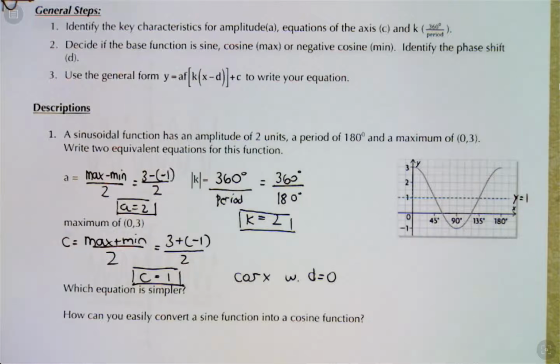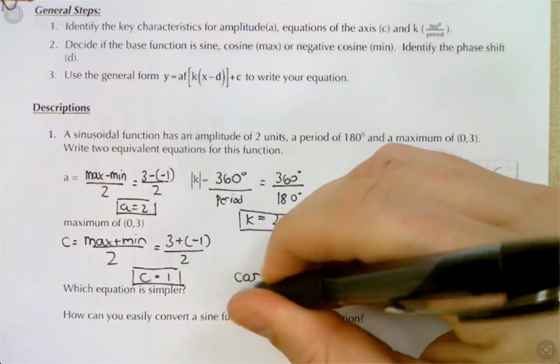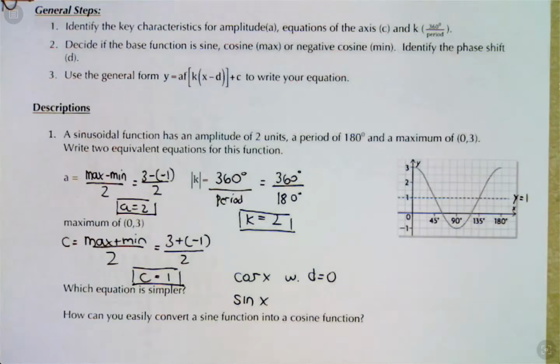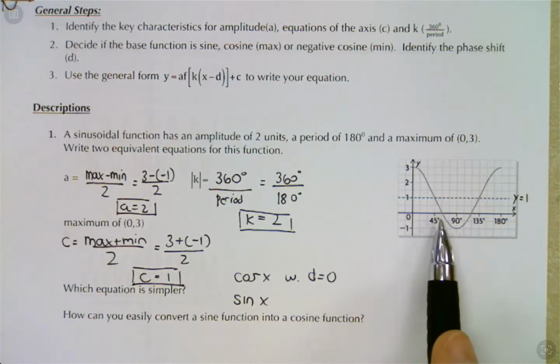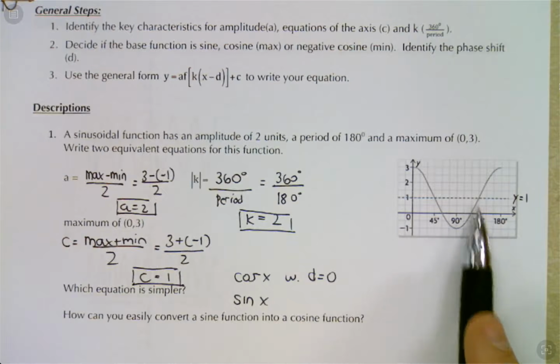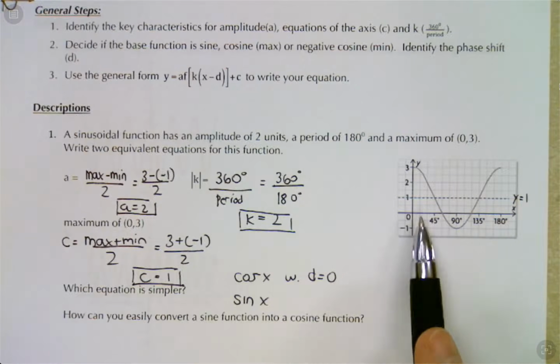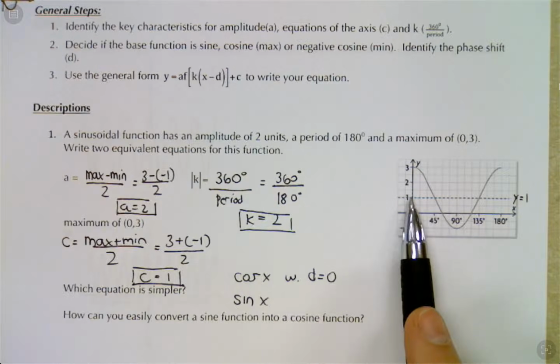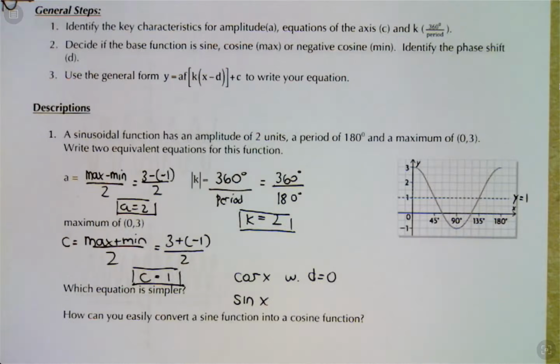Now, if we wanted to choose sine, we would have to look at where the function is at equilibrium, or where it's on the axis. And it's on the axis in two spots, 45 degrees and 135 degrees. So it's been shifted 45 degrees, or we've been shifted 135 degrees.